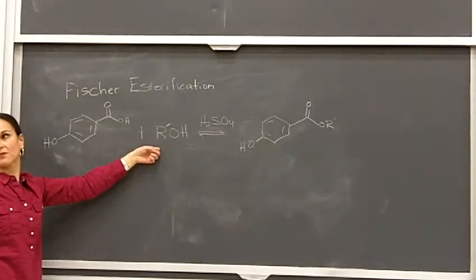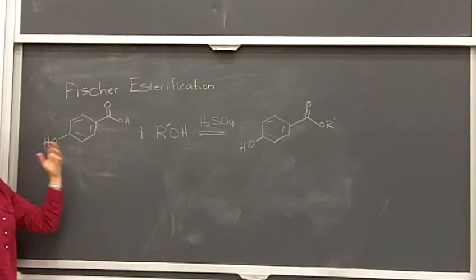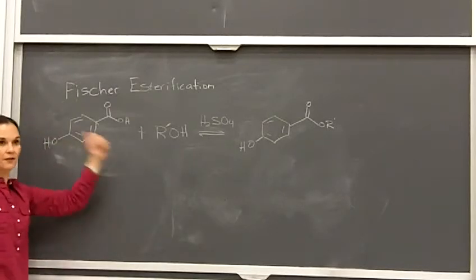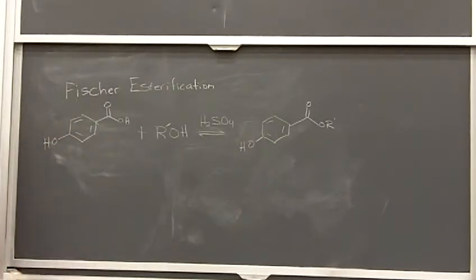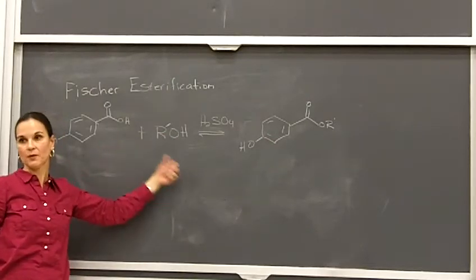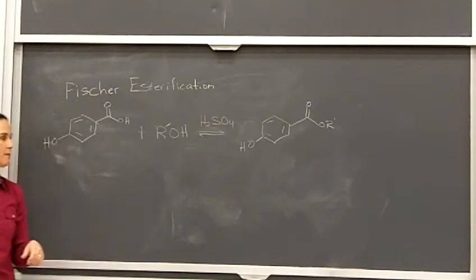So there won't be another solvent for the reaction, it's just the alcohol that you're using, all right? We are also going to try and minimize water as much as possible in this reaction because water is going to send it the other direction because we actually end up making water in the end, okay? So we don't want to have a buildup of water because it'll send it back the other direction.